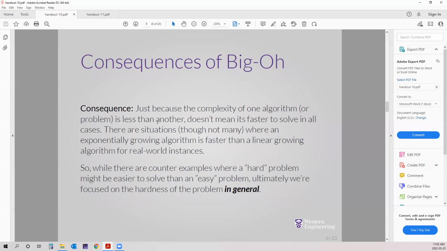What do you mean by easier? Less time. So some problems with exponential big O, in some real world cases, would be solved faster than the one with linear. However, we consider the linear ones easy and the exponential ones hard. So we are focused on the hardness of the problem in general.